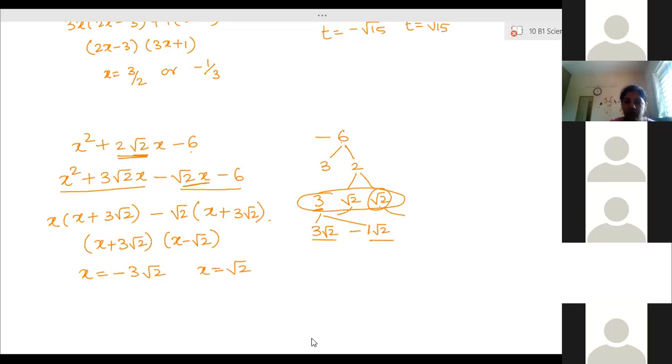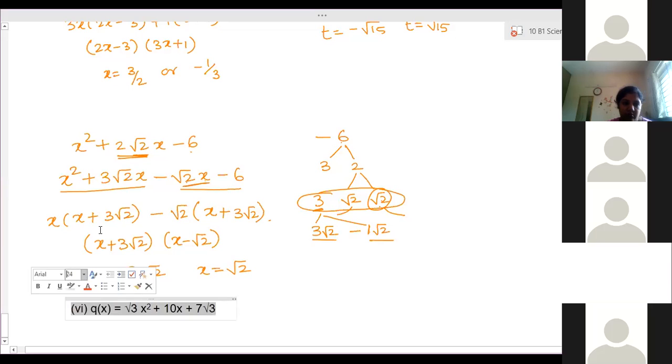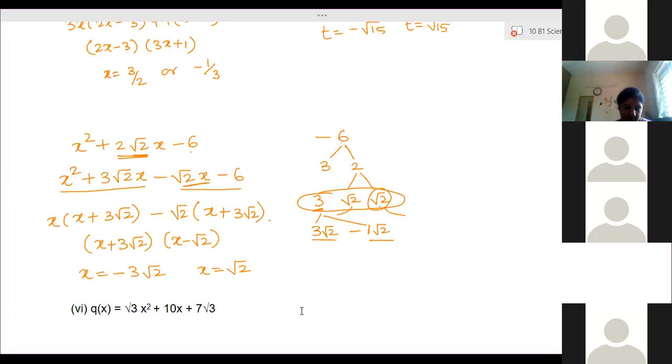Yes, ma'am, book, question 6. Ma'am, in the sixth question, I have got x is minus 7 by root 3 and minus root 3. Yes, ma'am, you're right.